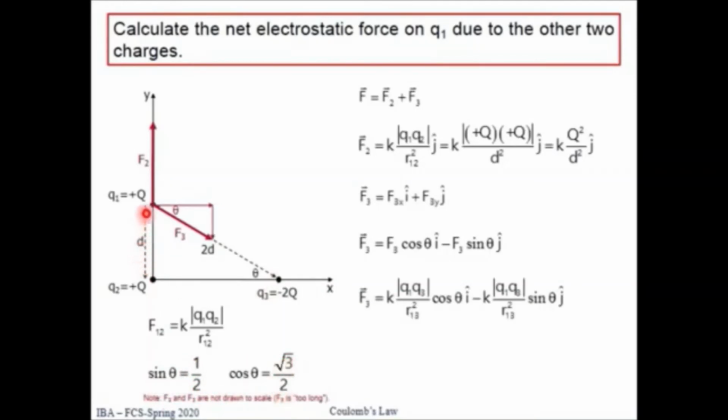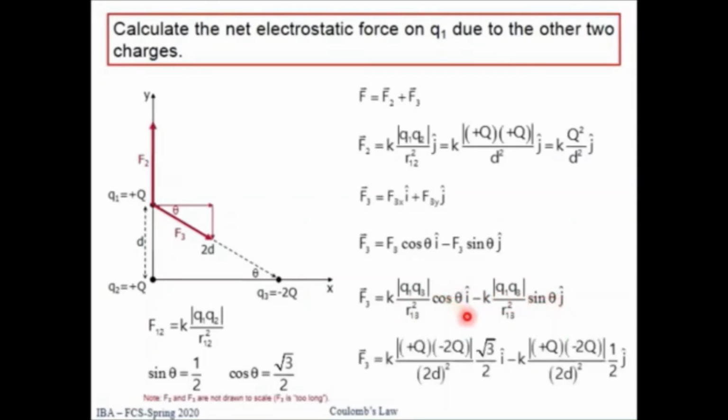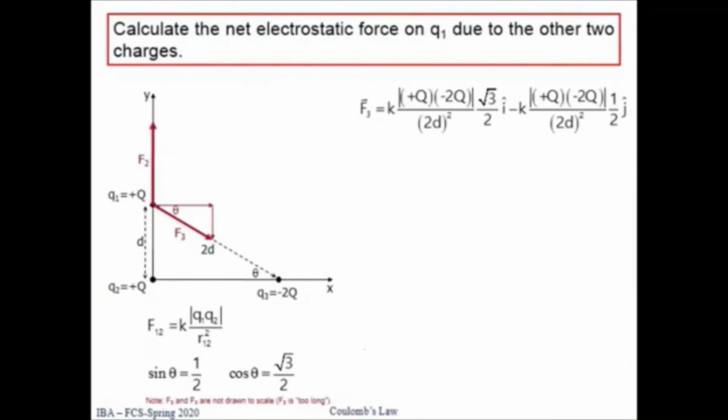F3 can be written as K Q1 Q3 divided by R13 square. Let me substitute the values of Q1 and Q3 along with sin theta and cos theta in this equation. So these are the values substituted into this equation.